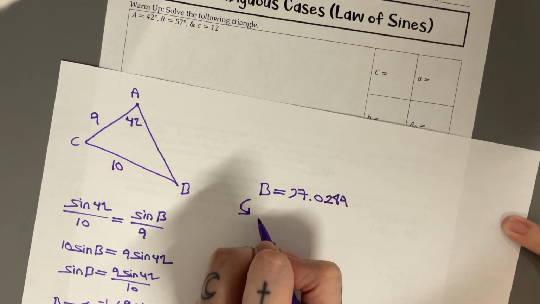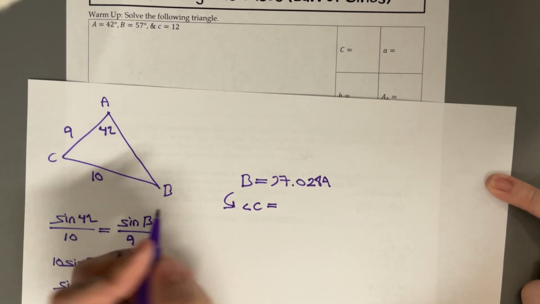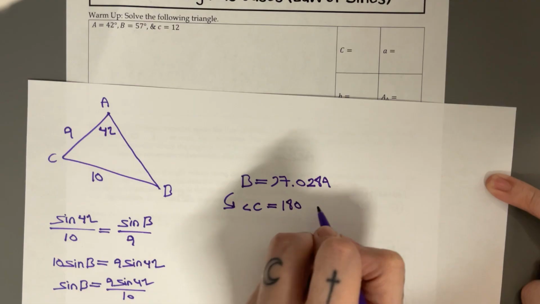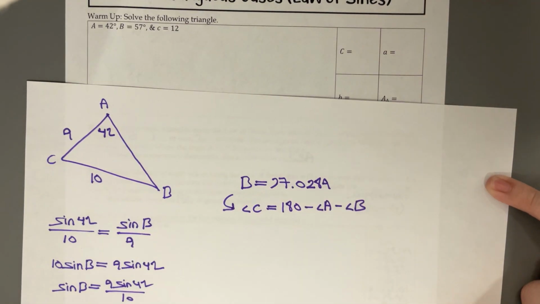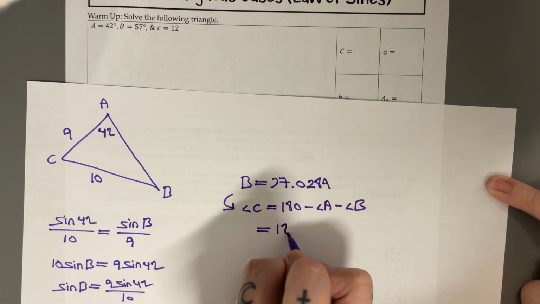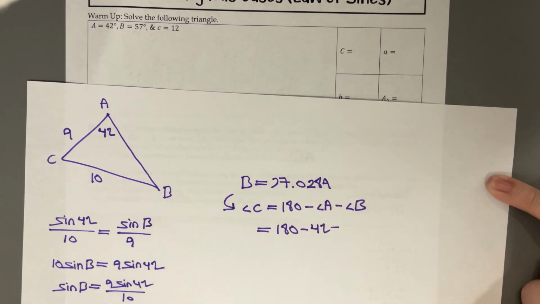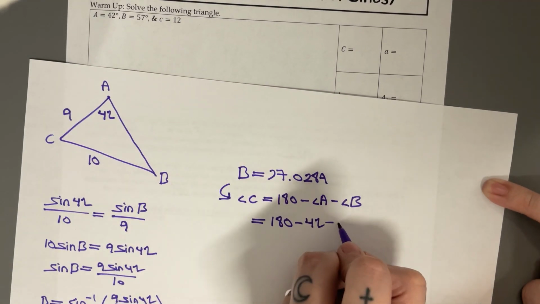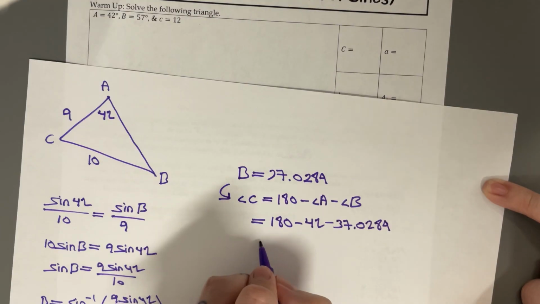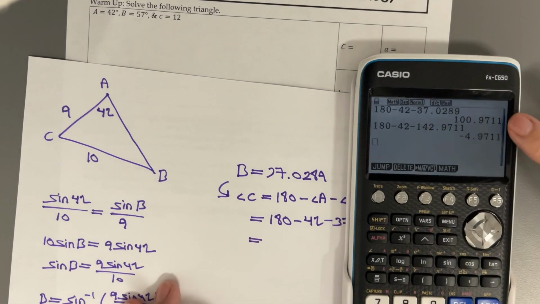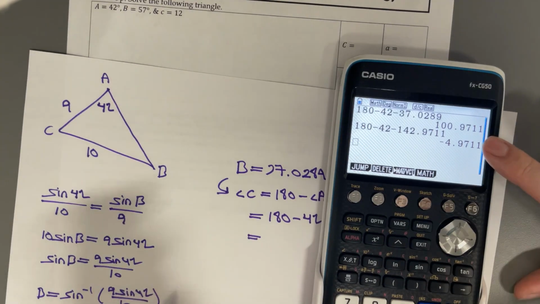Then I can use that information to find the value of angle C. So angle C is going to be 180 degrees minus angle A, then minus angle B. So 180 minus angle A, which they tell us is 42 based on the given, and then angle B, which we're going to use the 37.0289, which we found earlier, which gives 100.9711.